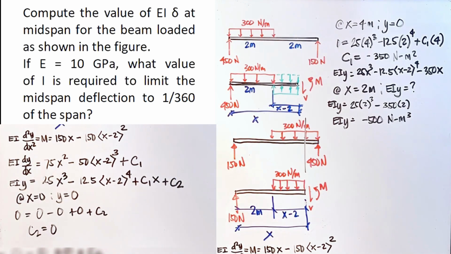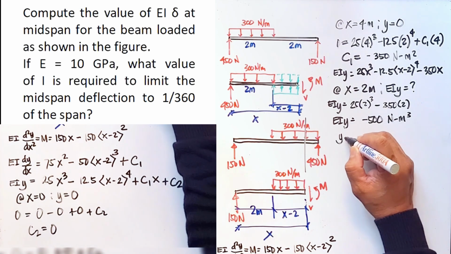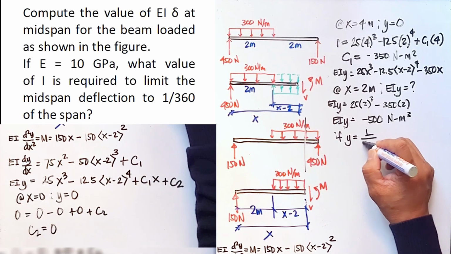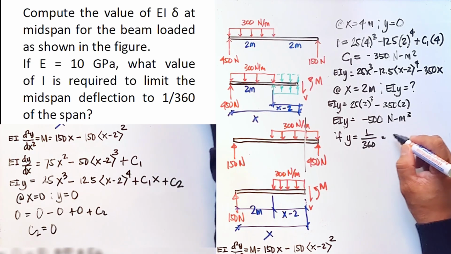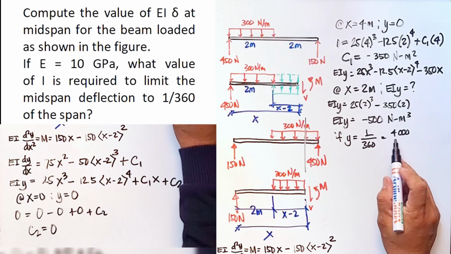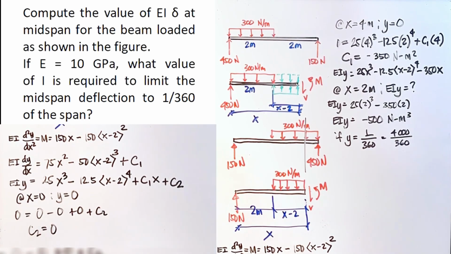The next question is to find the value of I to limit the deflection at the midspan to 1/360 of the span. So that means at the midspan, y is L/360, or that's 4,000, that's 4 meters converted to millimeters, or 4,000 millimeters divided by 360.